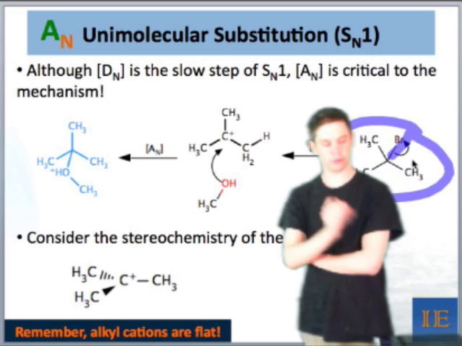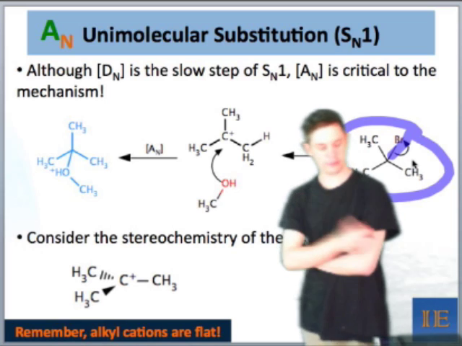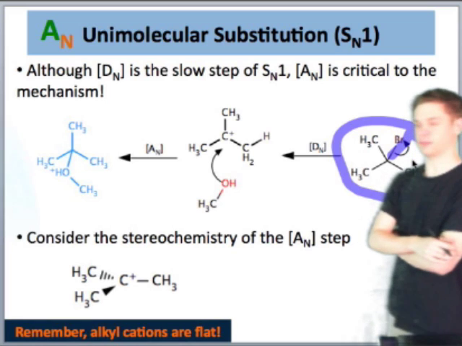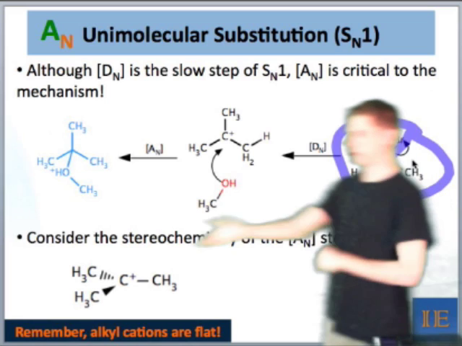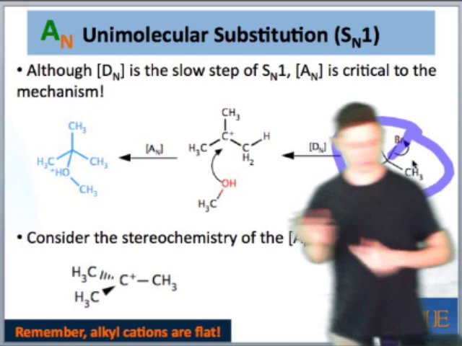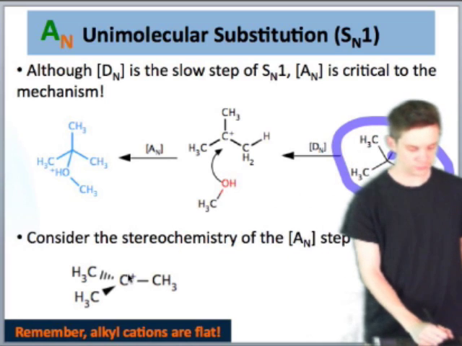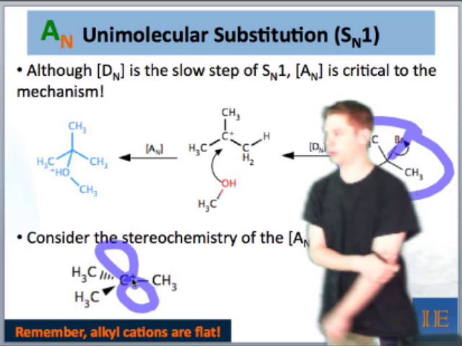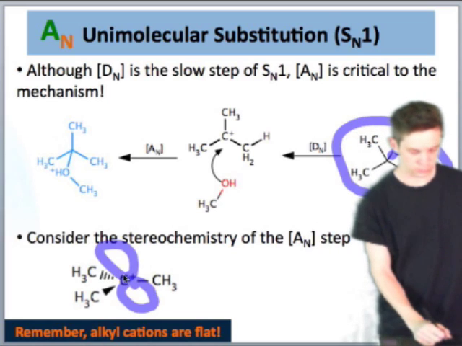AN is critical to the mechanism, and the reason has to do with the stereochemistry of the AN step. So what you're looking at the bottom of this slide is a typical alkyl cation, and we've noted and seen in the past that these cations are typically flat. They're flat and they have an empty p orbital that resides above and below the plane. Not the best drawing in the world, I apologize.